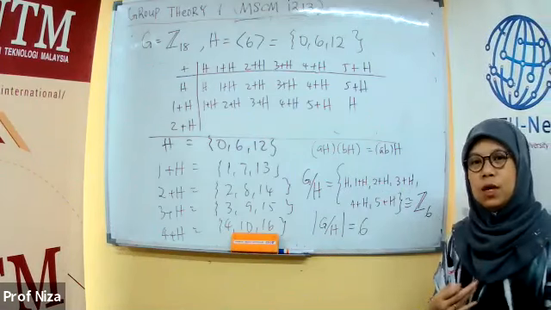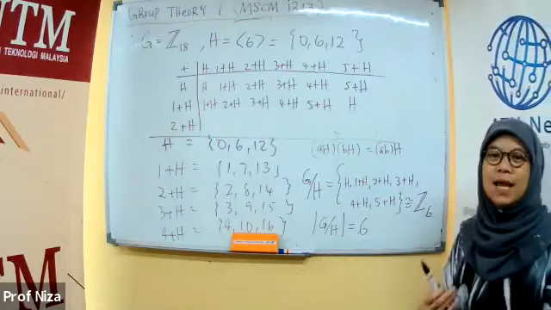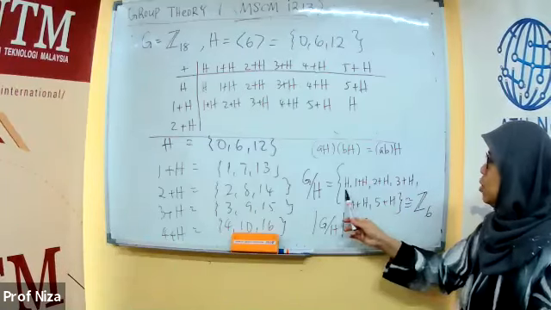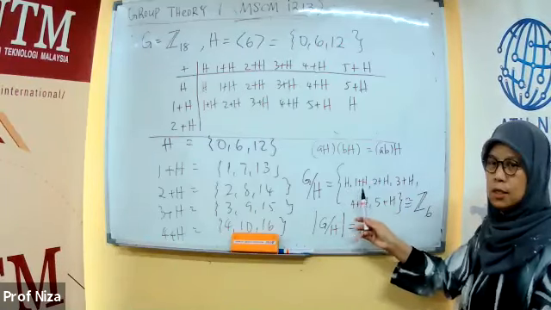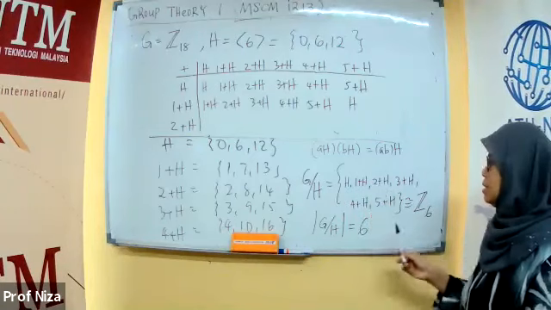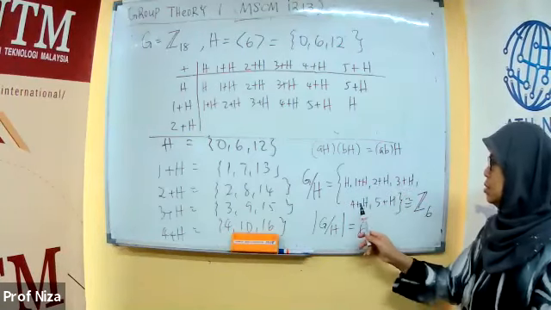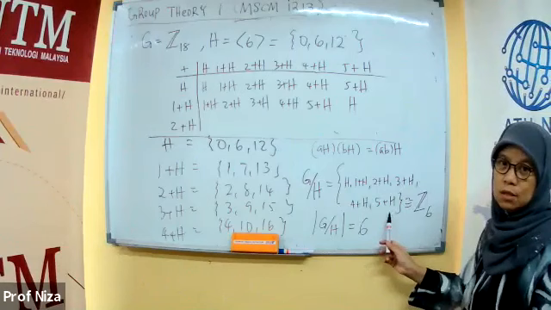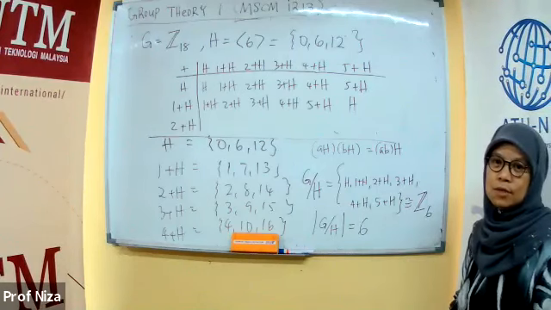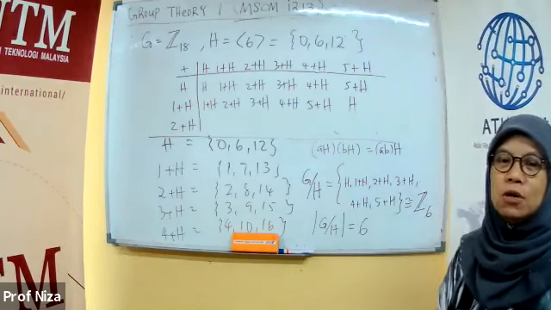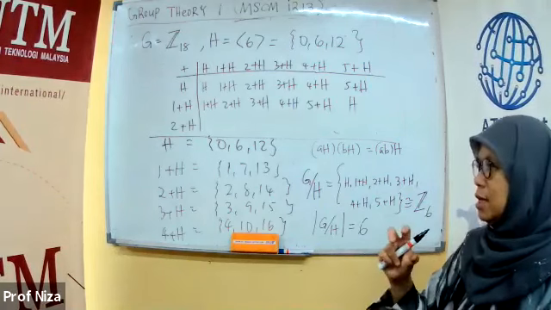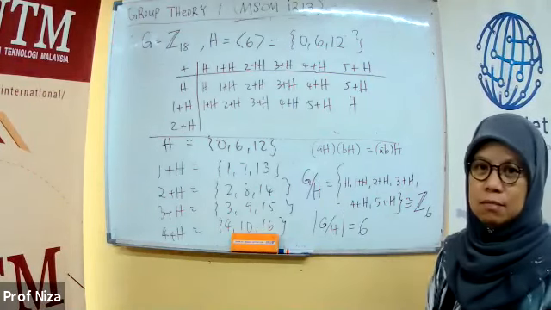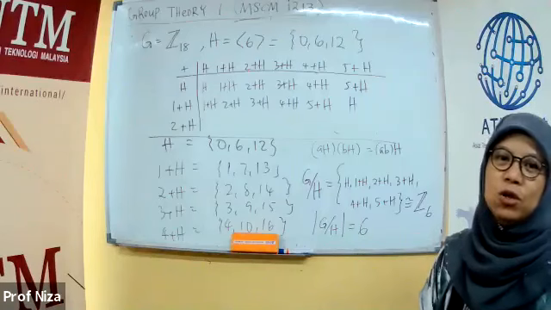And if I ask you now, what is the order of each element? This has order 1, this has order 6, this has order 3, this has order 2, this has order 3, this has order 6. So don't get confused with the element as a set of certain order.